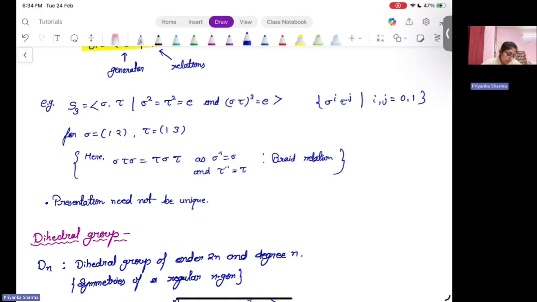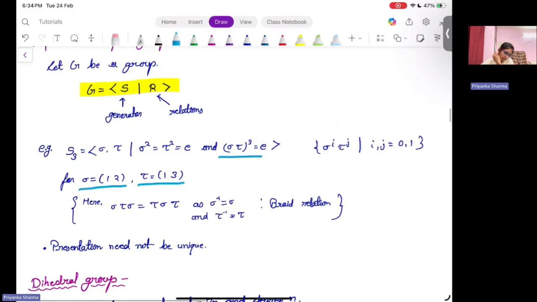If the generators are sigma and tau, then both will be of order 2. So this is the first relation. And the second one is that the product sigma tau will have order 3. For example, we can have sigma as this permutation and tau as this permutation. So this will generate S3.